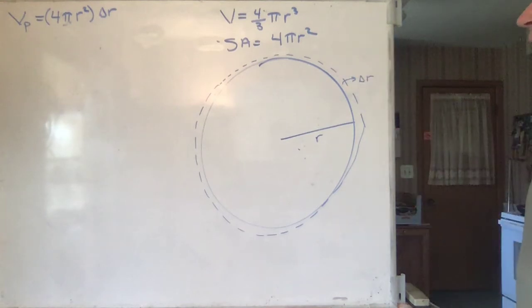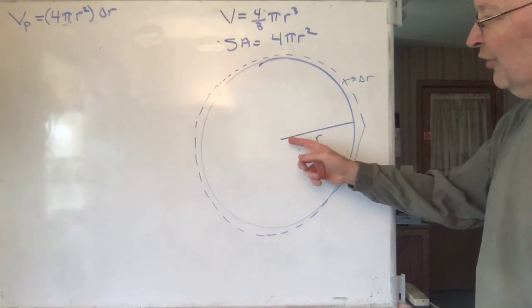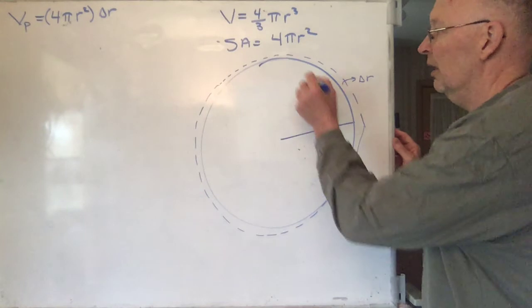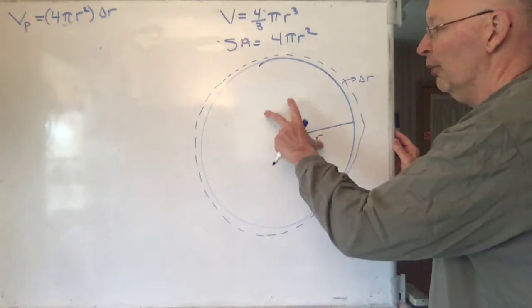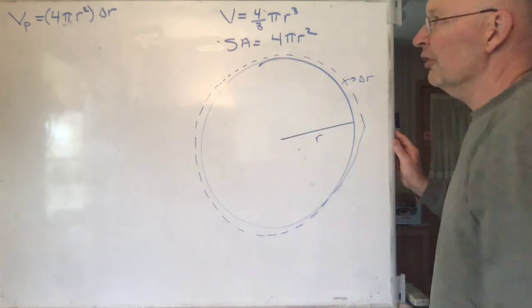Another way of getting the amount of paint, though, would be to say, well, let's first find the volume of this sphere, and then we'll take the volume of the bigger sphere, and we'll subtract the smaller one from the larger one.